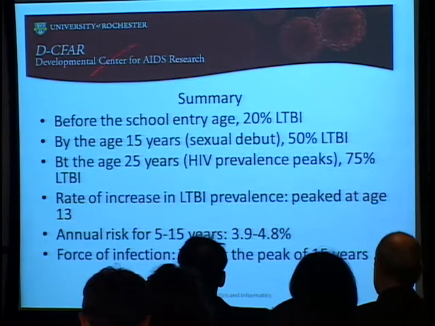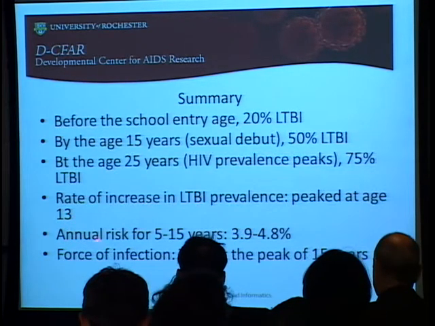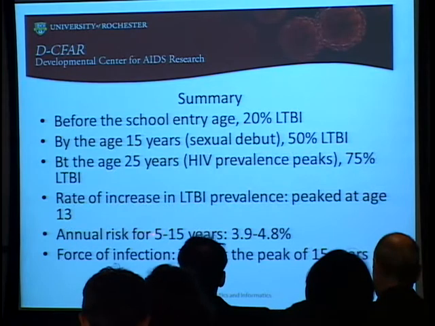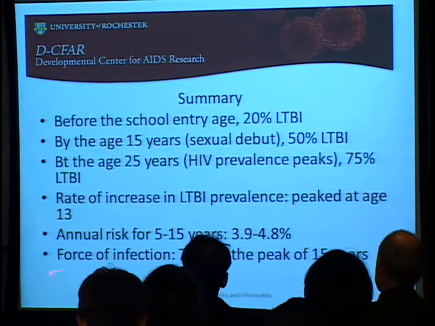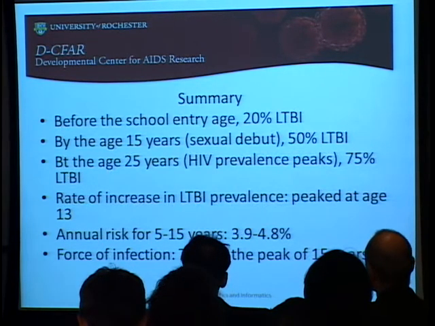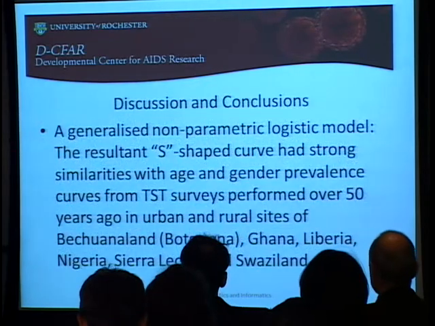Maybe this age is easier to get TB, and annual risk for 5 to 15 year olds is from 3.9 to 4.8%, and the force of infection is 7.9%.